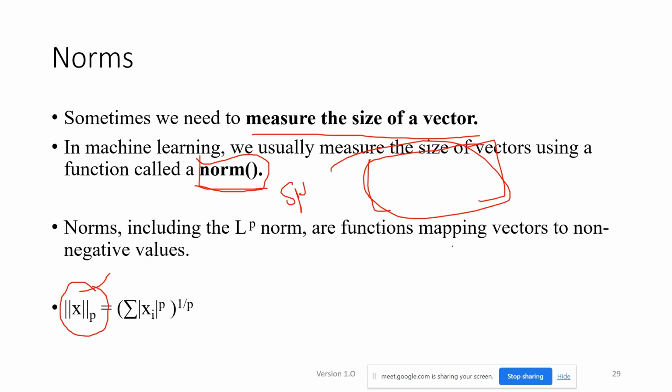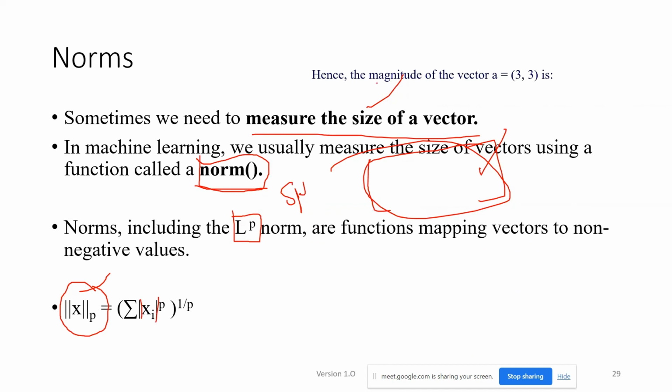All together, it defines the size of the vector. Usually we represent it as L to the power P. These values should always be non-negative, because norm values are non-negative. It has a modulus, so it doesn't have any negative values. Norm values are always positive.